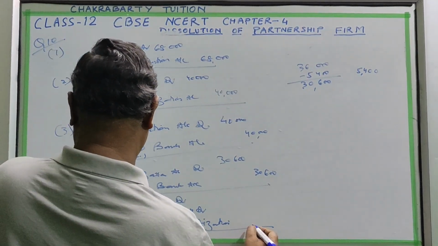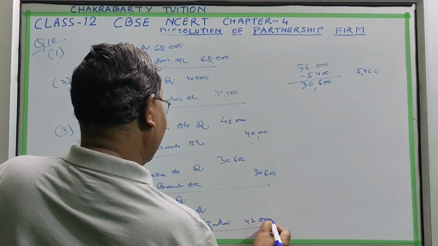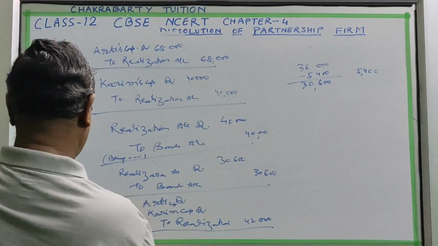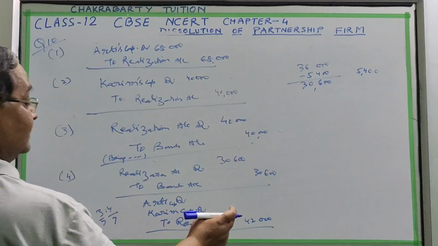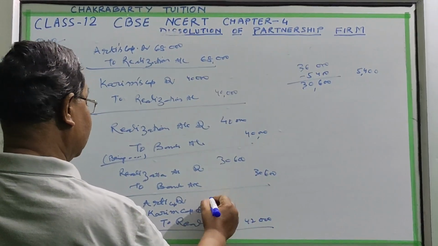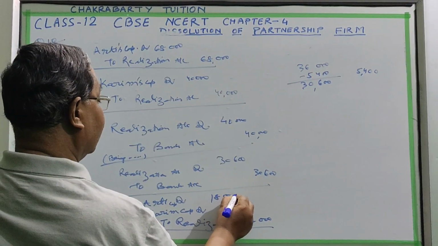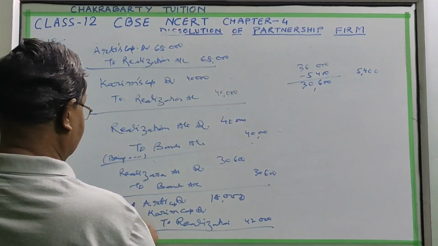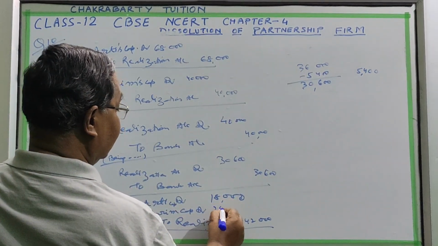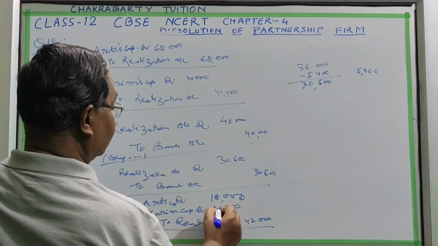Realization account loss is 42,000 and the ratio is 3:4. 3:4 means 3 by 7 and 4 by 7. 42,000 by 7 is 6,000, so 3 times is 18,000 and 4 times is 24,000. So this will come here.